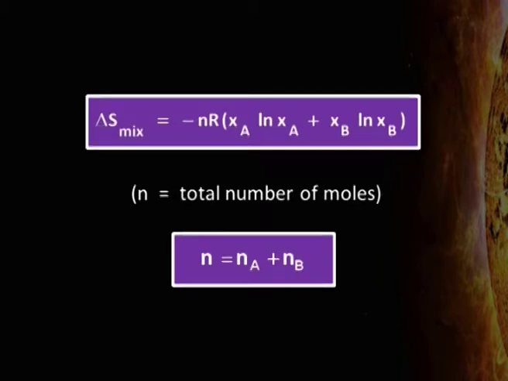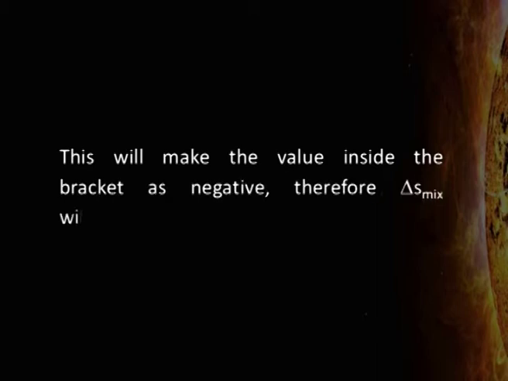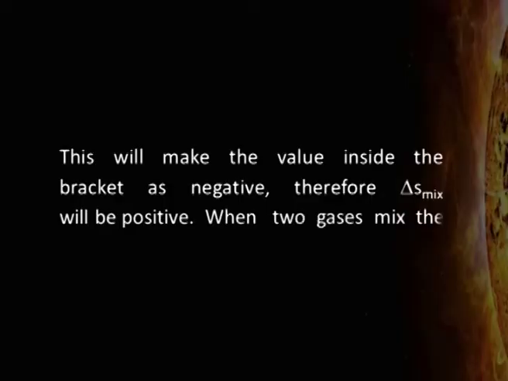You can note that when the two gases are mixed, their mole fraction will be decreased. Hence, log of a value which is less than 1 will be negative. This will make the value inside the bracket negative. Therefore, delta S mixing will be positive. Hence, we can say that when two gases mix, the entropy increases.